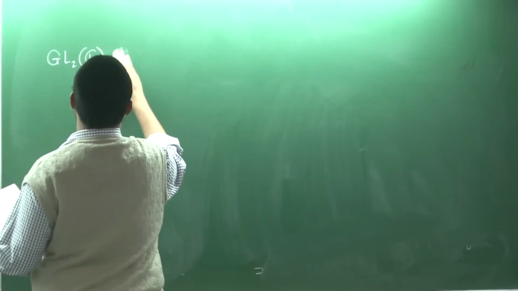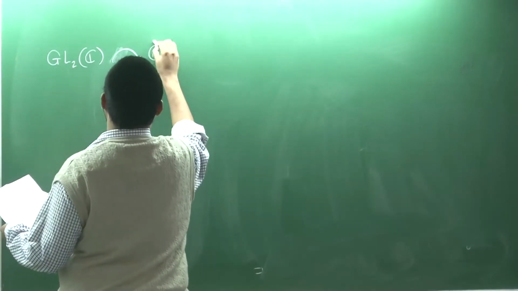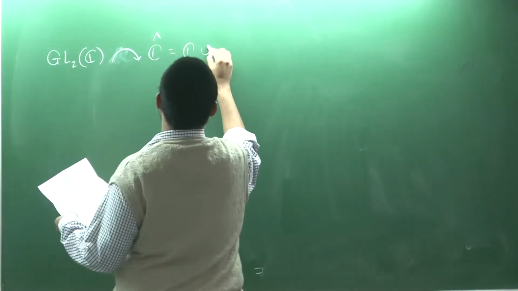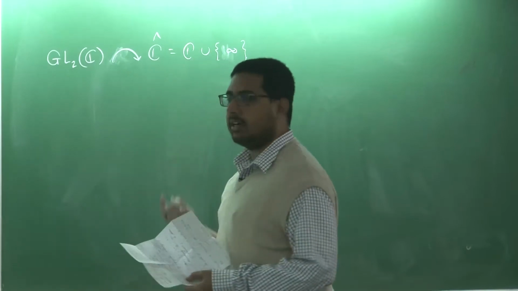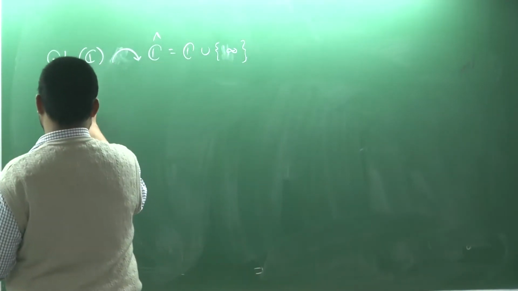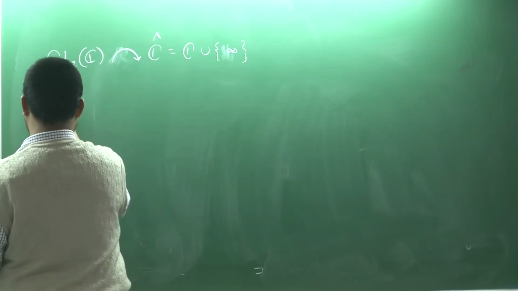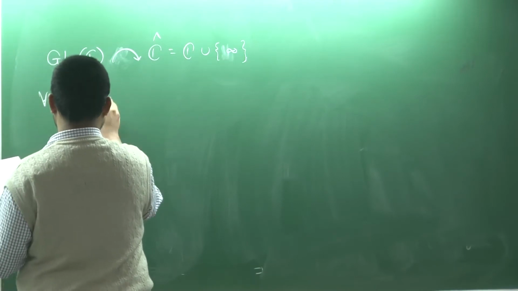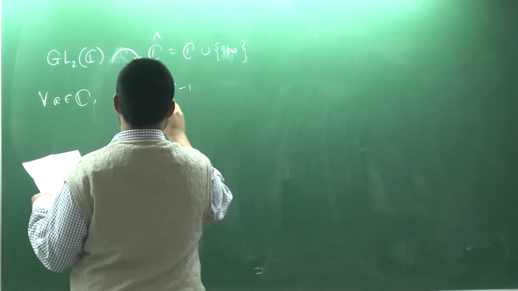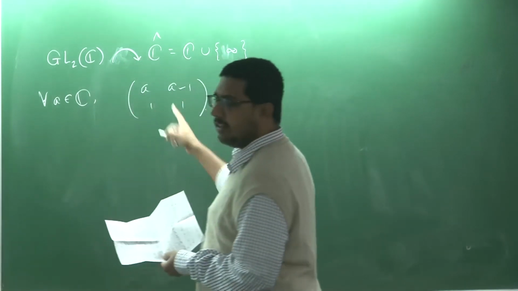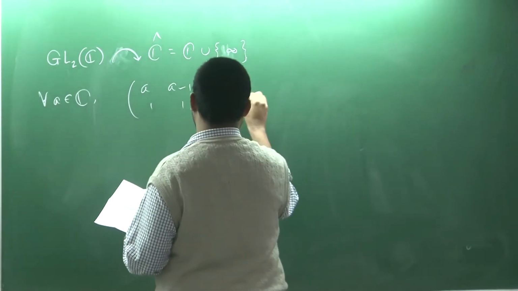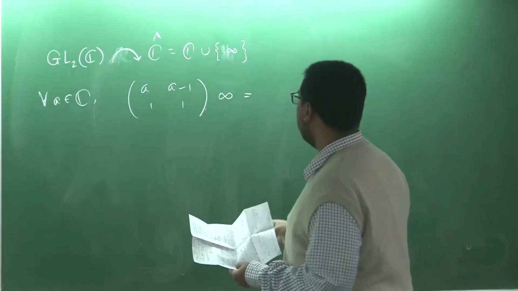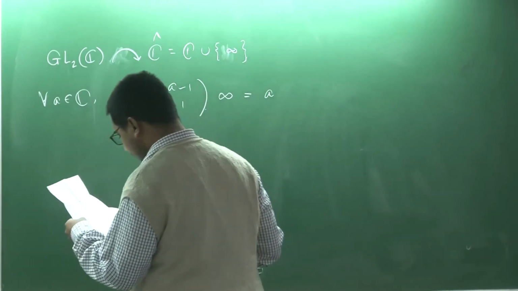So we have GL2(C) which acts on C hat by Mobius transformations. Now, what are the orbits under this action? Let us see that for every a in C, the matrix (a, -1; 1, 0) has determinant 1. So this is in SL2(C), and applying it to infinity, we obtain a.